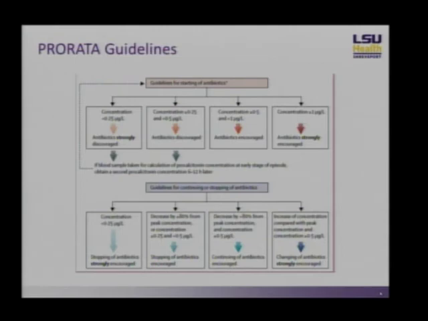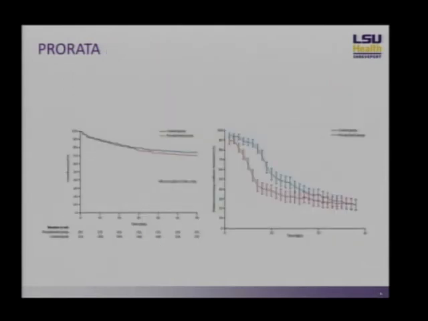They followed the patient's procals every day, and when the level dropped, they would recommend stopping the antibiotics. And they found that across the board, procalcitonin does not save lives, but it significantly decreases the number of antibiotic days.